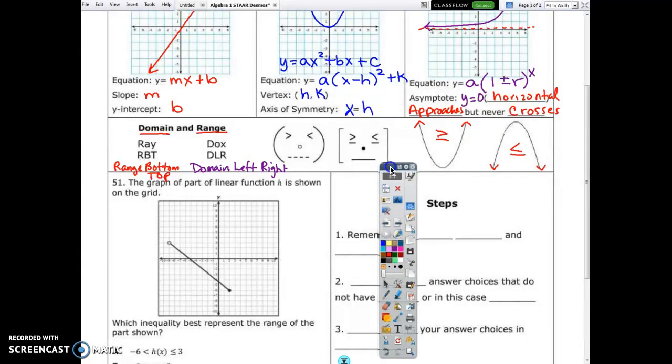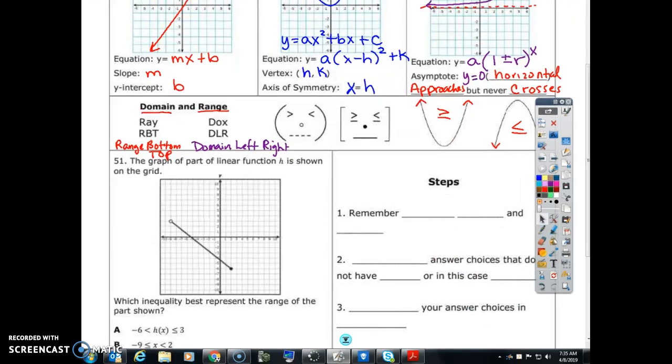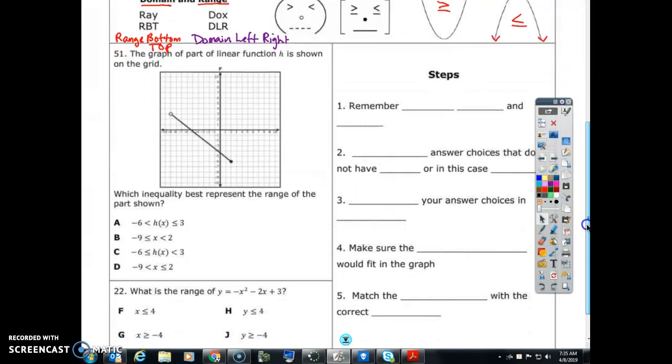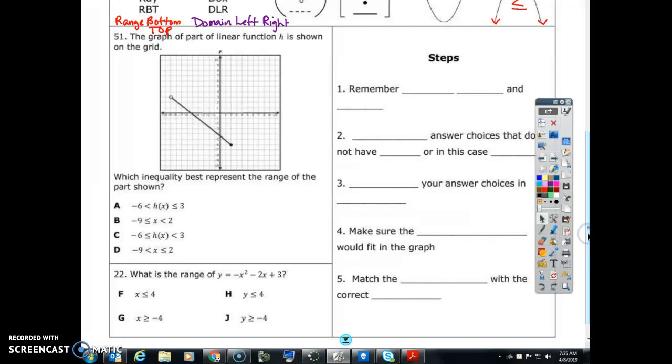Okay, so those notes should help you or should have helped you answer the questions on the mock STAAR. These two questions were on the mock. For this one, the first thing you need to do is remember, because it's asking range, you need to remember redox, and know that range is your y's, right?